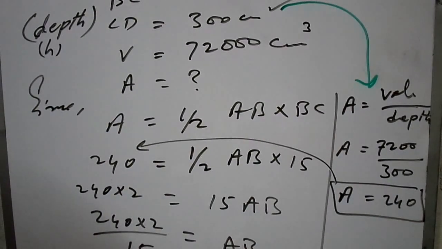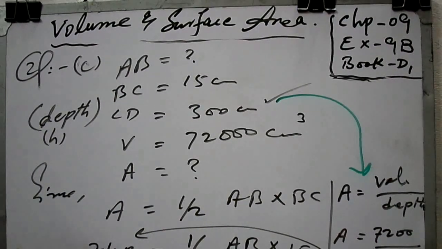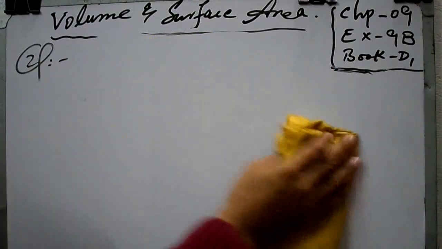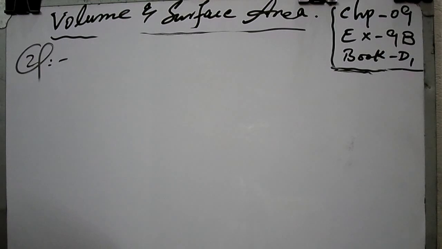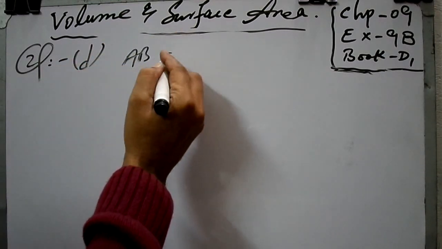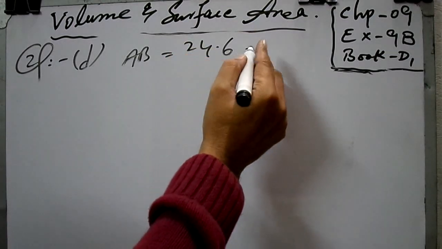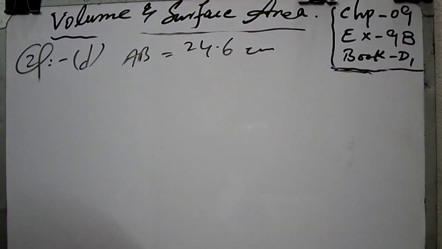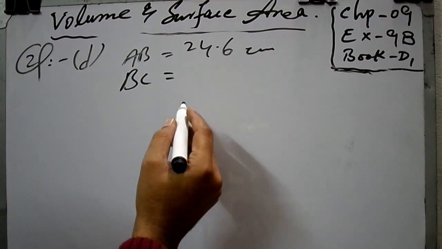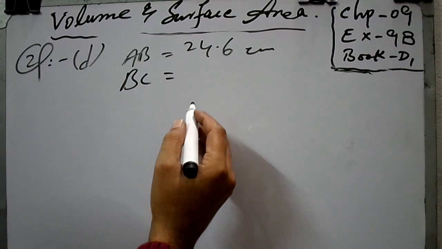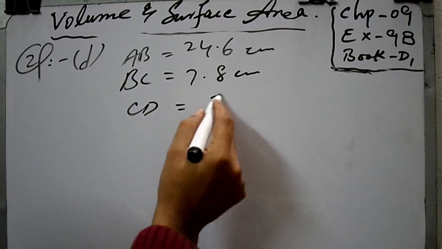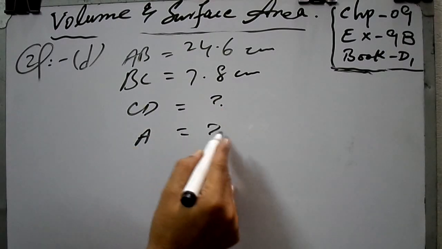Now coming to the next part, that is D part. In D part you can see AB is given to you, that is 24.6 centimeter, while BC is 7.8 centimeter. We have to find CD and area.